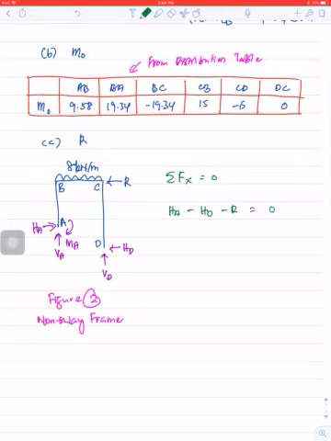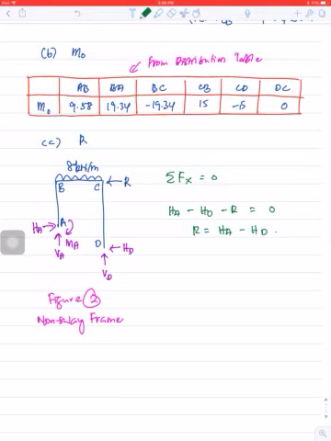Actually, HA and HD we can put in any direction that we like. So if I put the direction of HA and HD based on the diagram shown, I will write the equation based on that. So from here we get R equal to HA minus HD.